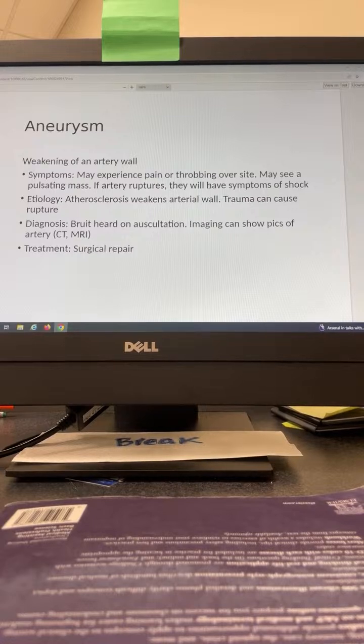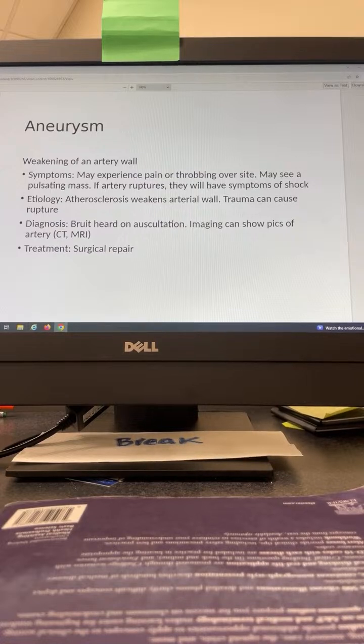When people go in for a healthcare checkup, sometimes you can see a big throbbing on their stomach, and that's the weakening of that artery there, about to rupture. If it does rupture and they're bleeding out, then they will start having symptoms of shock, right? Except it's not exterior bleeding, it's internal bleeding, but either way, you're still bleeding. So whether the blood is bleeding outside of your body or inside of your body, you're still losing a lot of blood. Does that make sense? So if it does rupture, you will have symptoms of shock.